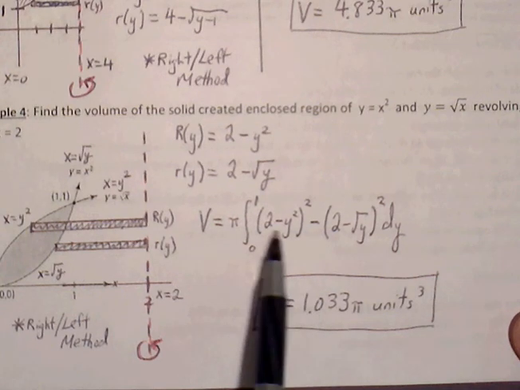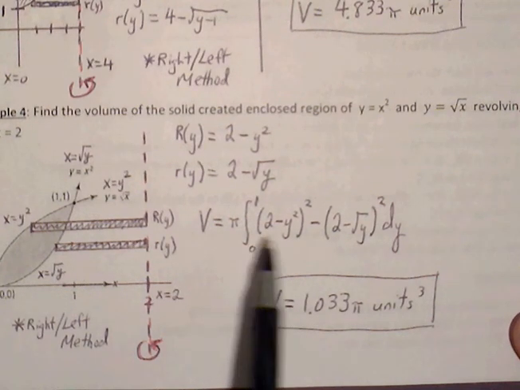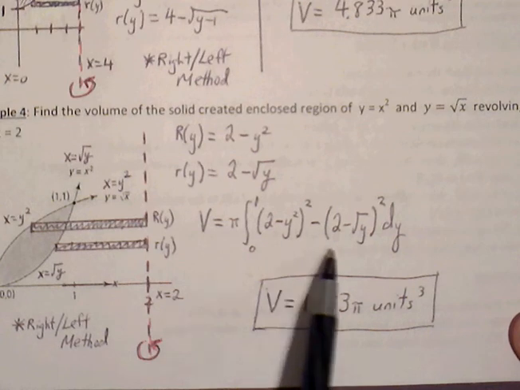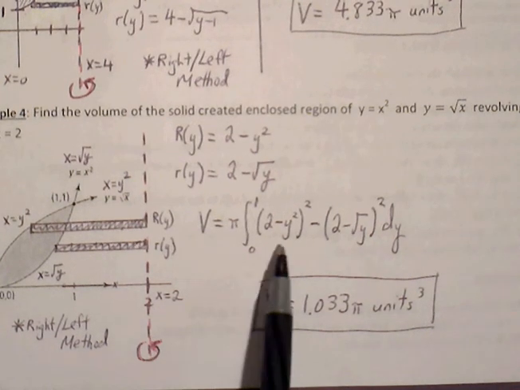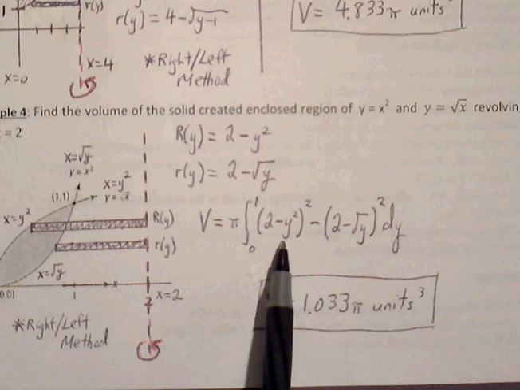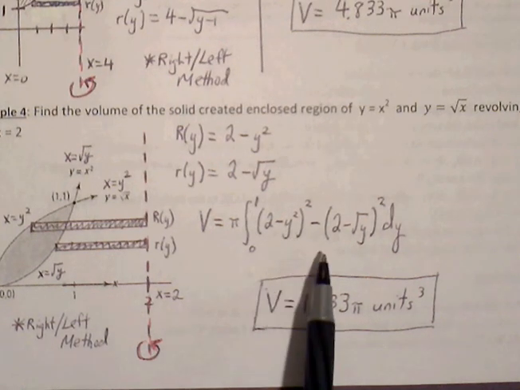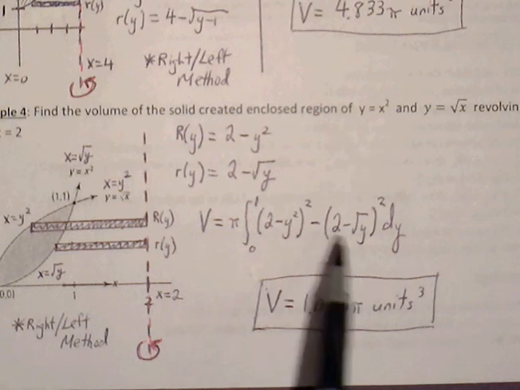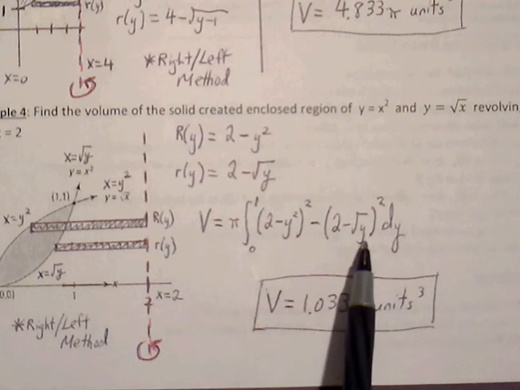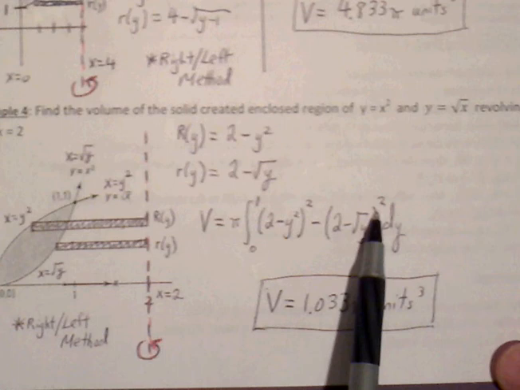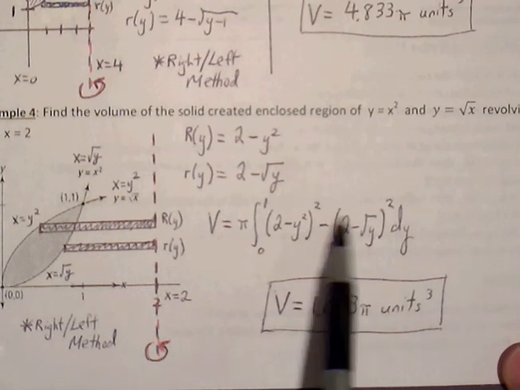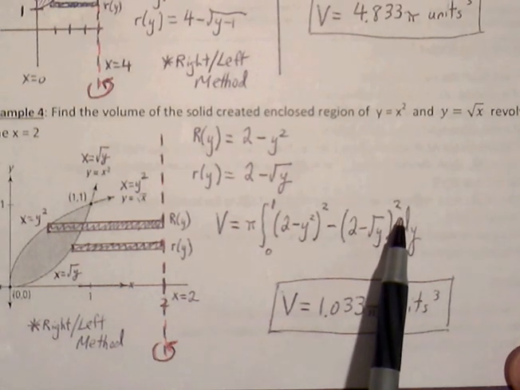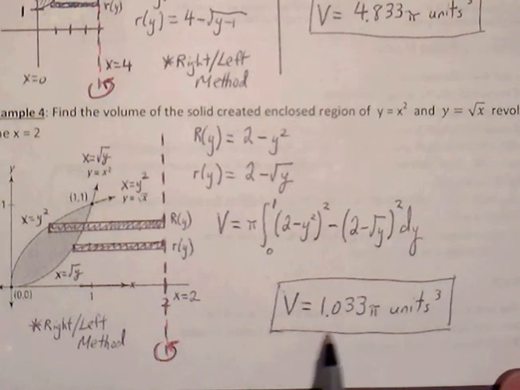So remember, there's always this portion of area of big circle minus area of little circle. So big R squared is 2 minus y squared, quantity squared, minus little r squared, 2 minus root y, quantity squared. Okay, make sure that you're including the squared as part of your formula, and when you plug in your calculator, you'll get 1.033. Don't forget the pi, cubic units.